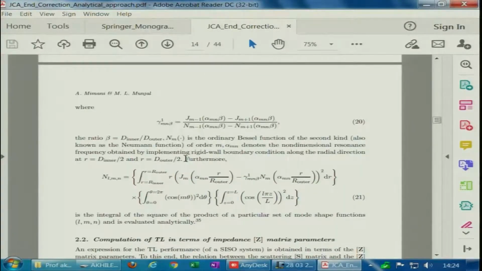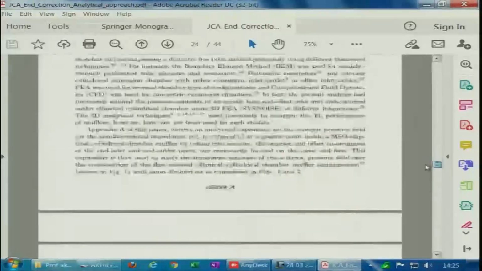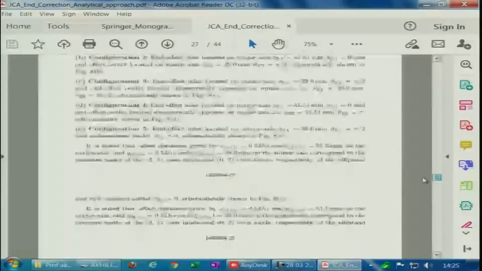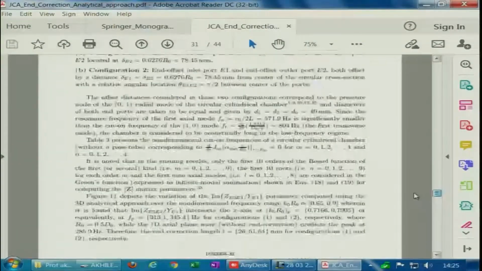These beta values are obtained from solving the eigen equation, subject to the rigid wall condition, and for different values of beta I have tabulated some of the higher order modes. So, let me just go quickly to the table and show these things to you.